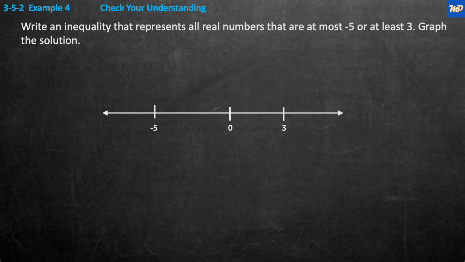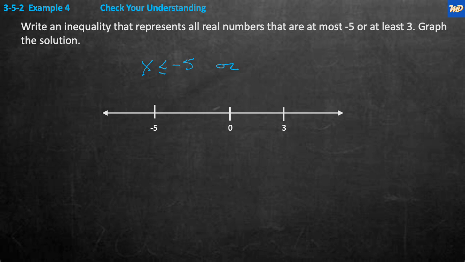Okay, we'll assume that you've got that. So let's give it a try. What is the inequality we're going to write? I think we're going to write x, right? So I'll just say x has to be less than or equal to -5, because it says numbers that are at most -5. You can include -5. Here's -5. So x is at most -5, but -6 would work because x would be less than -5, right?